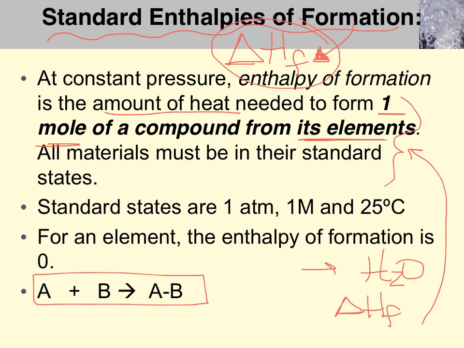First of all, if it's heat of formation, it has to be forming 1 mole of the product, so this has to be a 1. What are the elements that make up water? We have hydrogen and we have oxygen. The other part of the definition is that all the elements must be in their standard state.